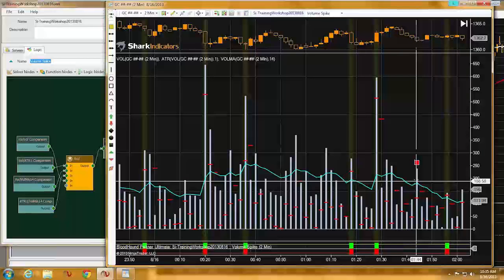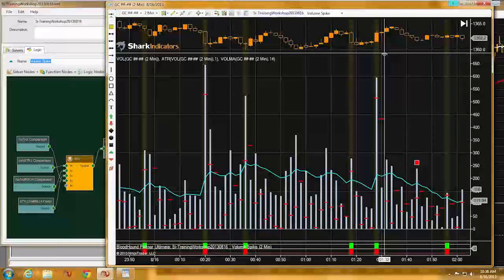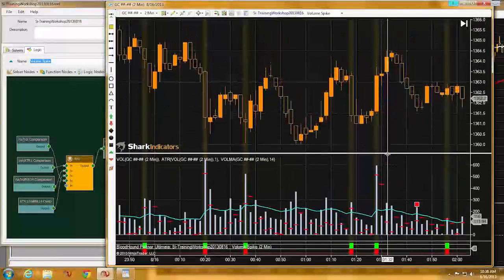This actually might end up being a good thing anyways. So technically it doesn't meet the simple requirement of looking for volume that's double the previous volume, but this actually might be something good.